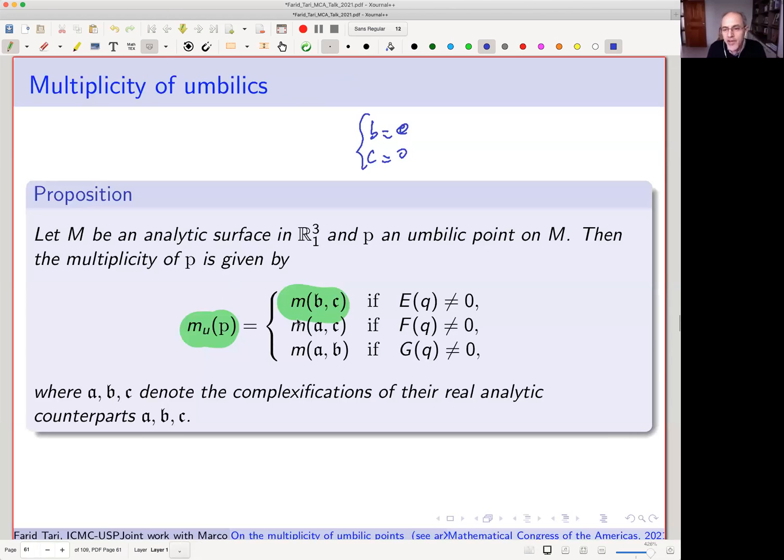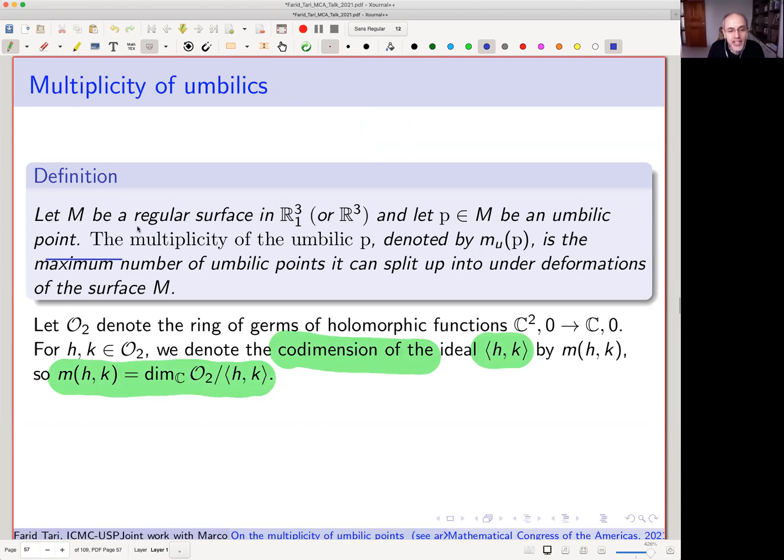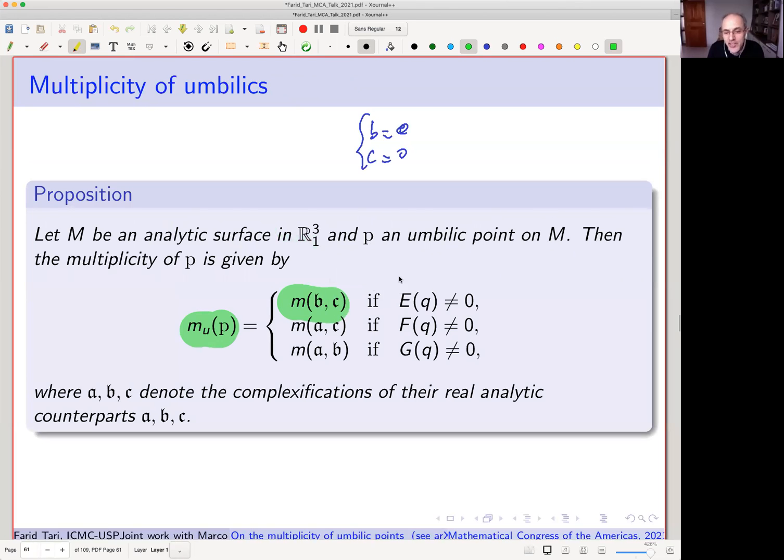So we have a way of counting the multiplicity of our umbilic points, and it's important to say why we define it as the maximum number. Why did we define our multiplicity as the maximum number it can split into? Because our surface is real, and this multiplicity is complex.